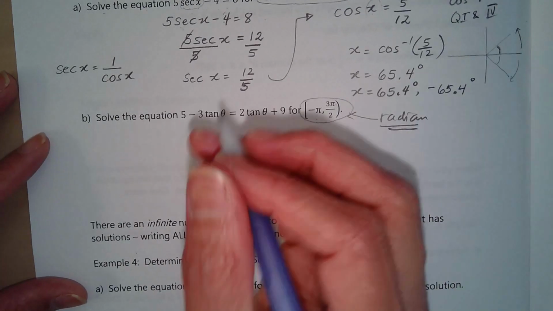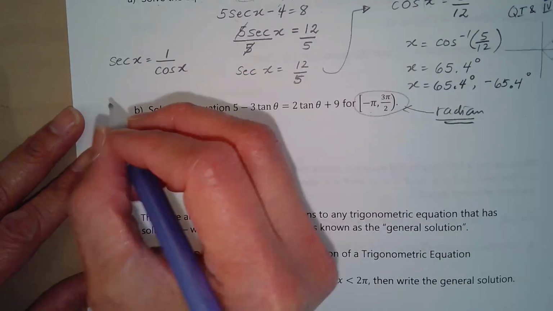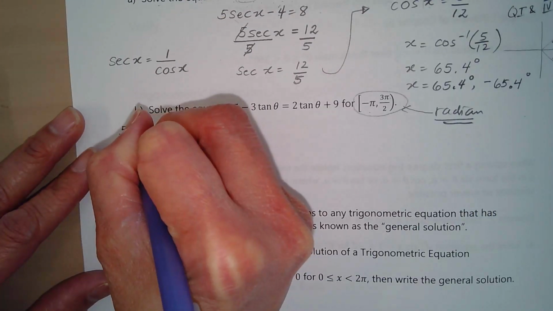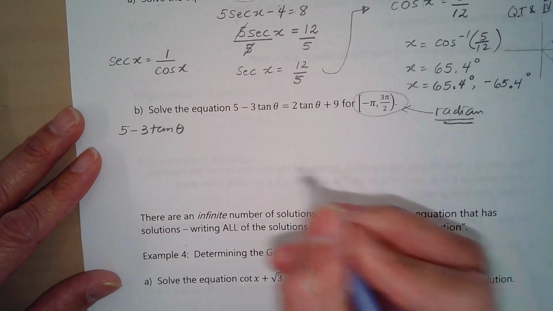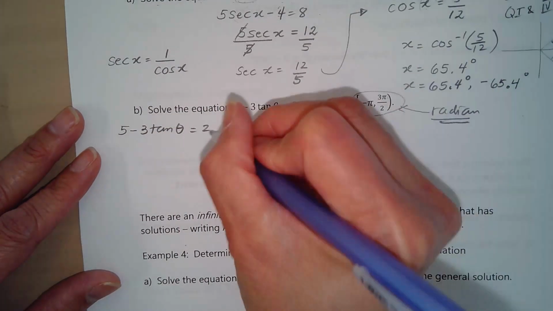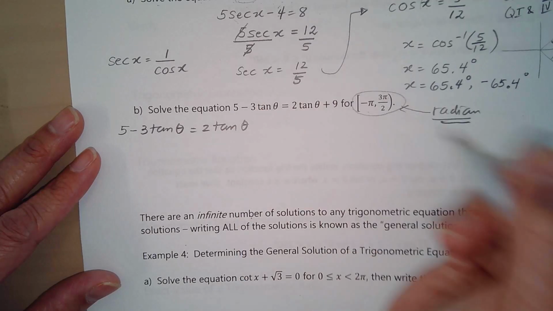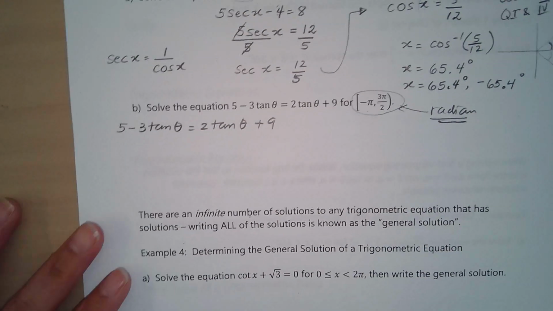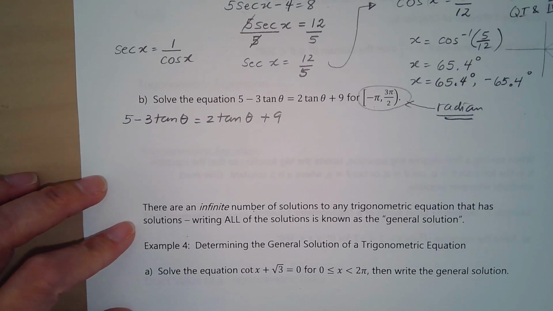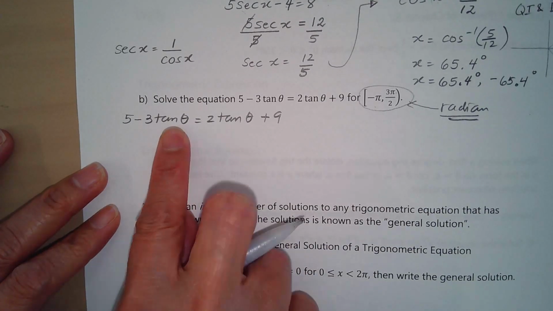We have to solve for tan. So 5 minus 3 tan theta equals 2 tan theta plus 9. I can see tan on both sides.